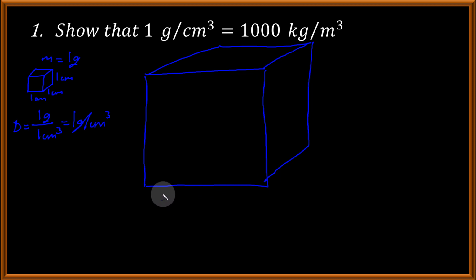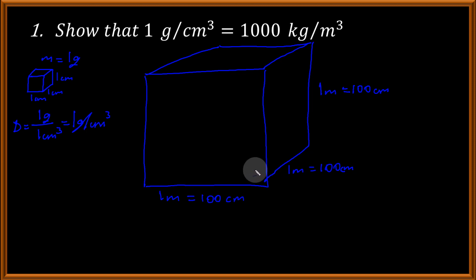So this length here will be 1 meter, but 1 meter is 100 centimeters. The width here will again be 1 meter, but 1 meter again is 100 centimeters. The height is 1 meter, which is again 100 centimeters.